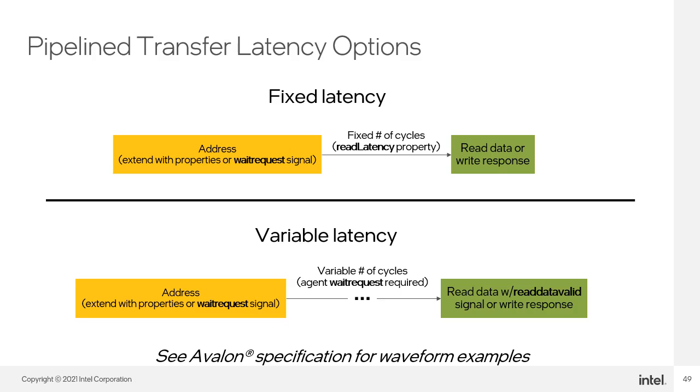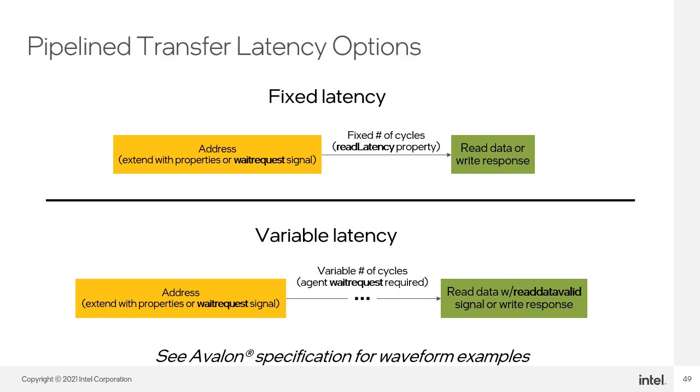These diagrams illustrate how pipeline latency is controlled. As mentioned, the address phase can be controlled with an interface property or control of wait request. Additional cycles here are referred to as wait states, as discussed earlier. But for a fixed pipeline latency between the address and data phases, an additional property called readyLatency is used.